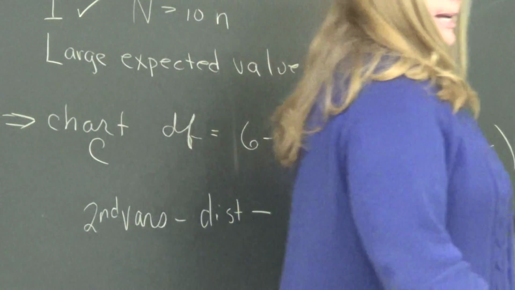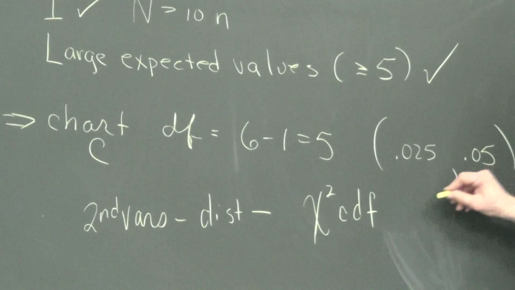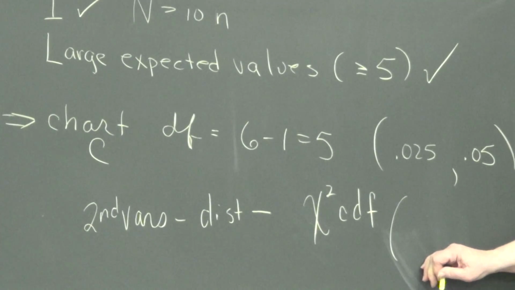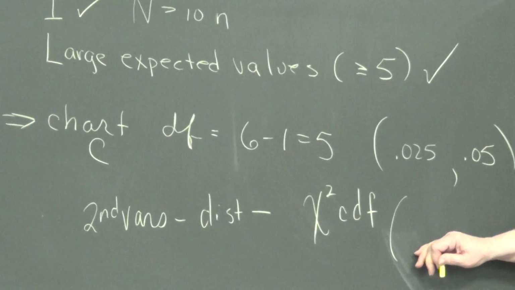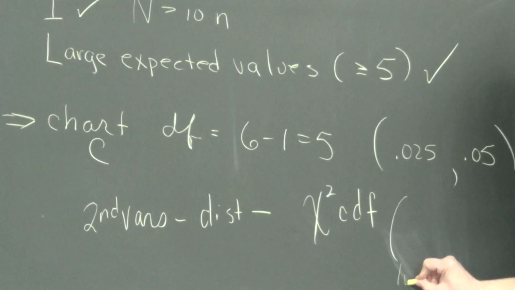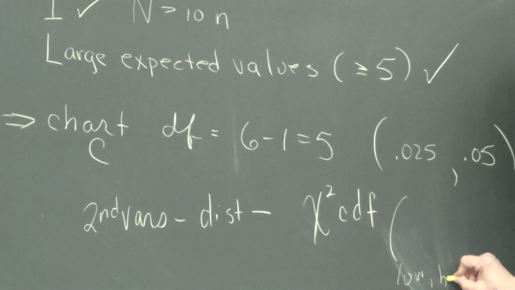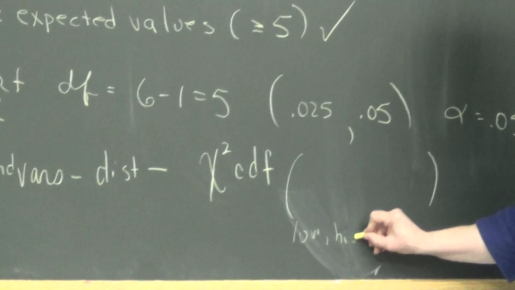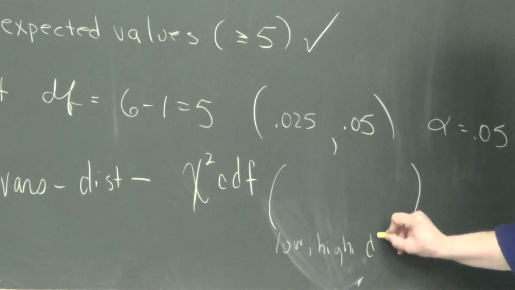When you get to that command, it'll ask you for three things. Some of your calculators will actually prompt you for the things, some will just give you a parenthesis. If you do that, you want the lowest value. It's looking for an area under a curve. So what's the low value, the high value, and the degrees of freedom.